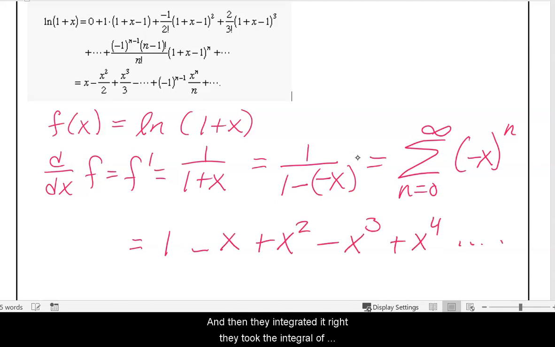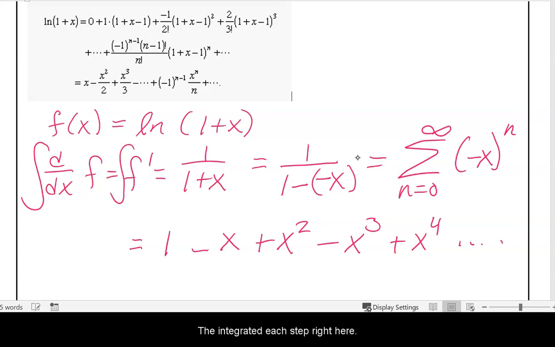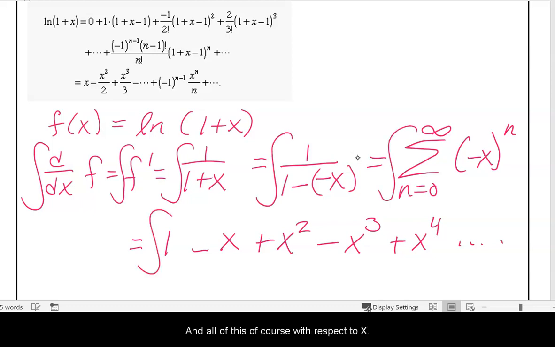And then they integrated it, right? They took the integral of the whole thing, so they integrated each step all the way across, and all of this, of course, with respect to x. So I should have differentials on all those of dx.